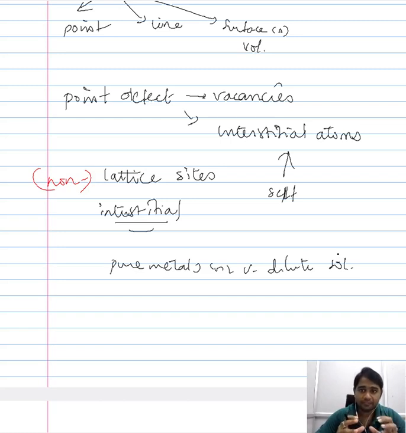When you have an alloying element which has a very small atomic radius when compared to the actual metal or the base metal, then the alloying element occupies the interstitial position. So that is a different form of a point defect. So the point defect is categorized into intrinsic and extrinsic point defect.